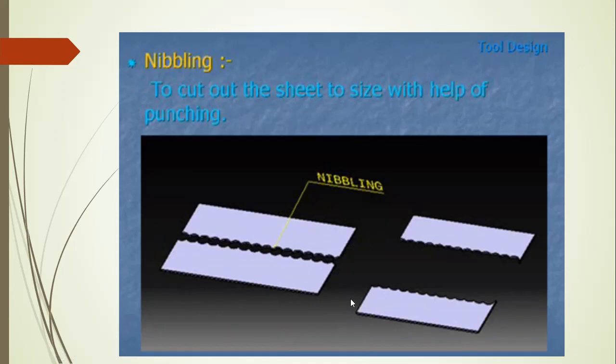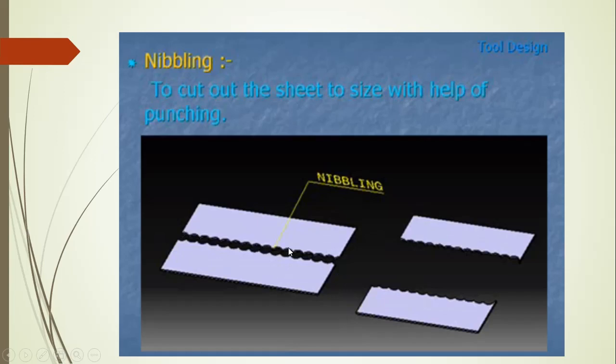Then after that, nibbling, to cut out the sheet to size with the help of punching operation. Suppose this is one sheet metal and we have to cut that sheet metal from the middle or from any of its sides.